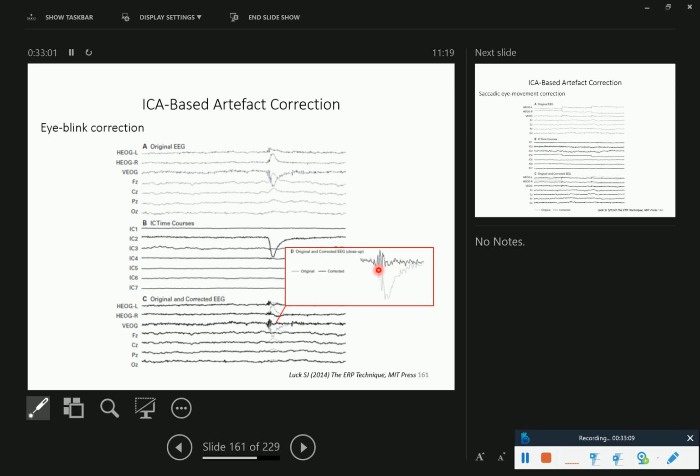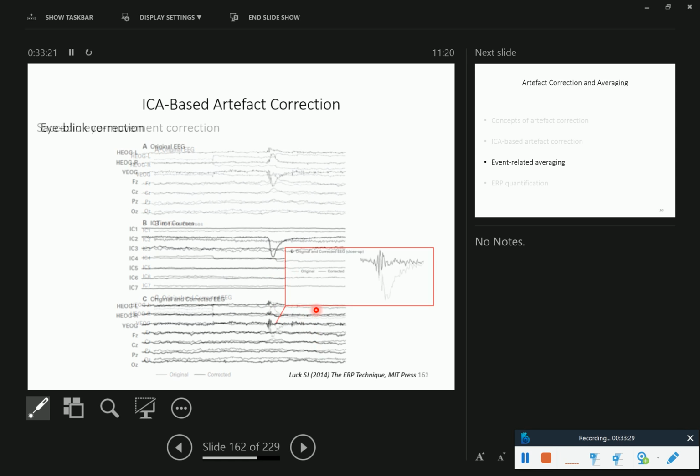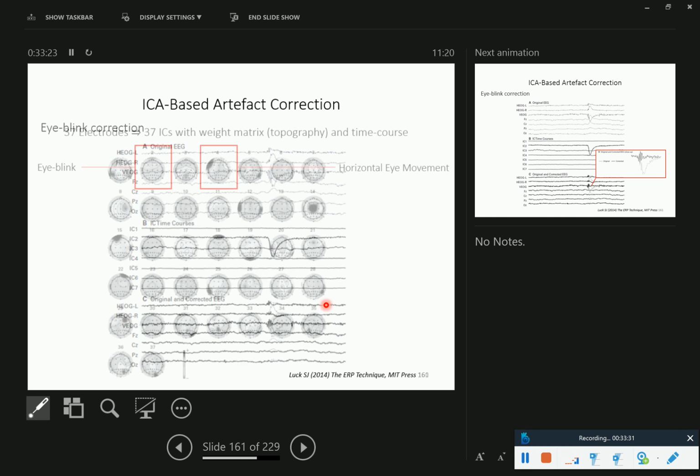Yeah? And the same thing for saccadic eye movement correction. So variability in the original EEG data over multiple channels is projected to a single IC in this case. And after correction, so setting the weights for this independent component to 0, you do a little bit better. So that's the general IC logic.